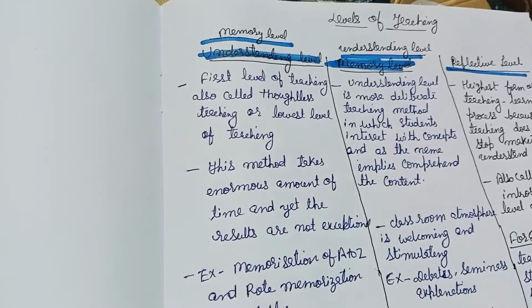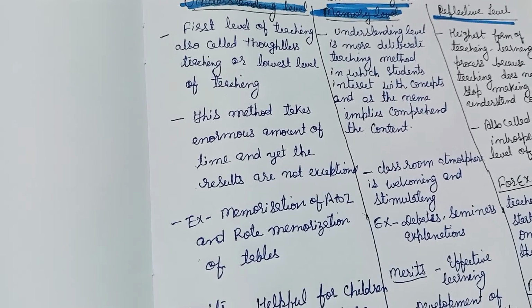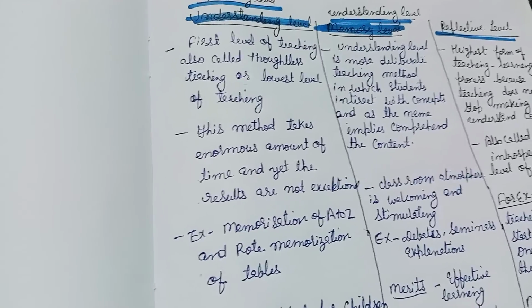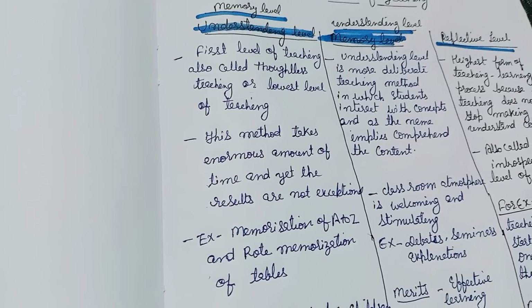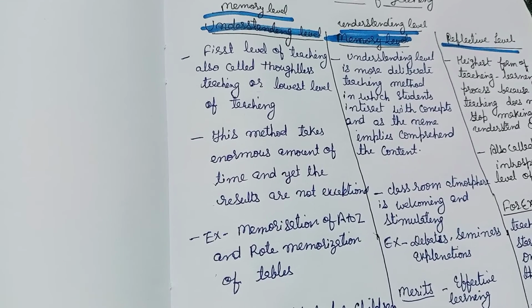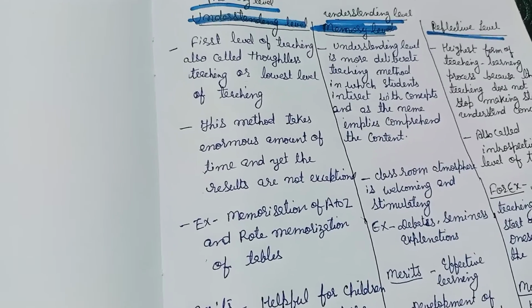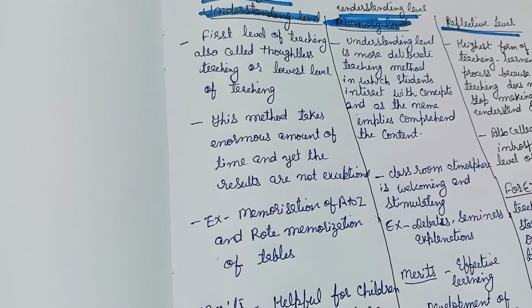This method takes enormous amount of time and yet the results are not exceptional. In this level of teaching, the result is ordinary and so this is the lowest level of teaching. For example, memorization of A to Z or rote memorization of tables.